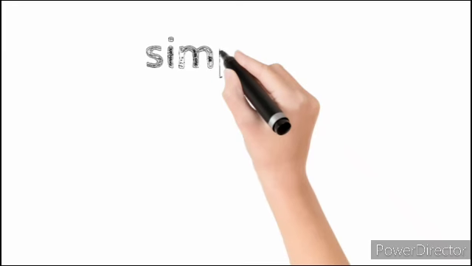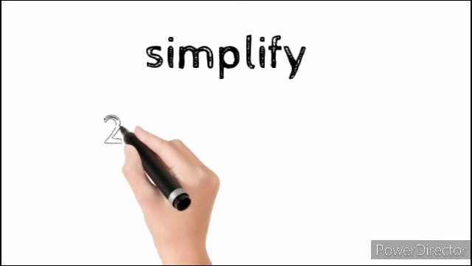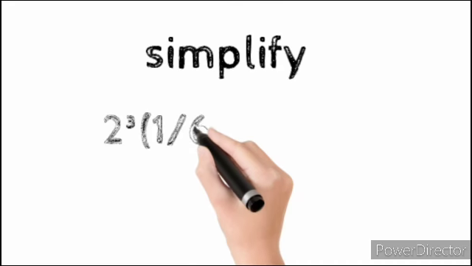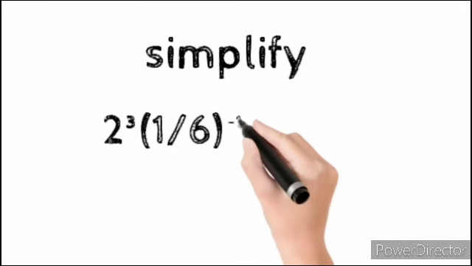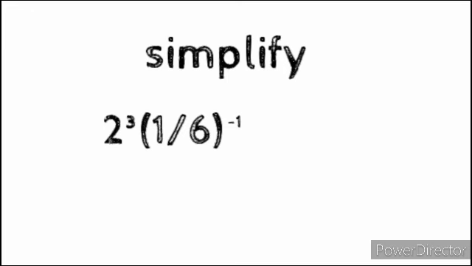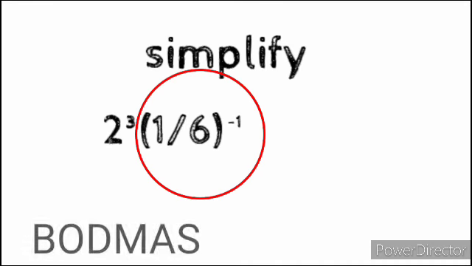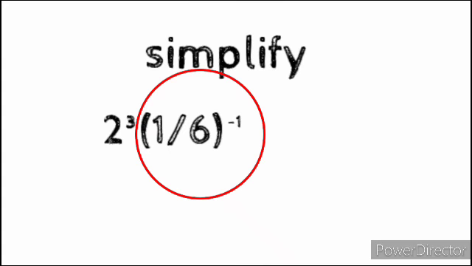Now, let's solve a more complicated question. Let's simplify 2 raised to power 3 times, open bracket, 1 over 6, close bracket, raised to power minus 1. Now, BODMAS tells us that problems under brackets are to be attempted first. So, we shall attempt the part of the question that is in bracket.